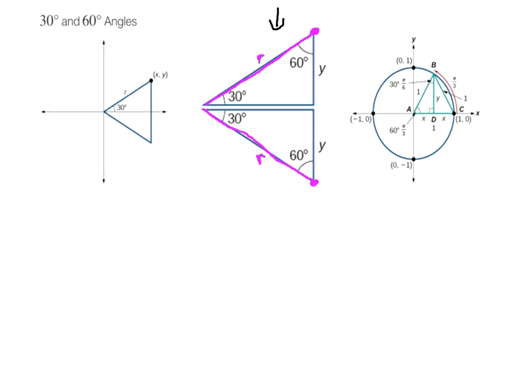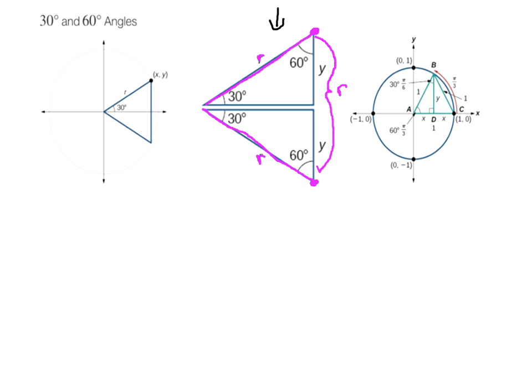Well, what do you know about an equilateral triangle? I'll tell you what you know. Not only are all of the angles equal, they're all 60 degrees, but all of the sides are equal as well. So if I take this entire side into consideration, it also has to be equal to r.